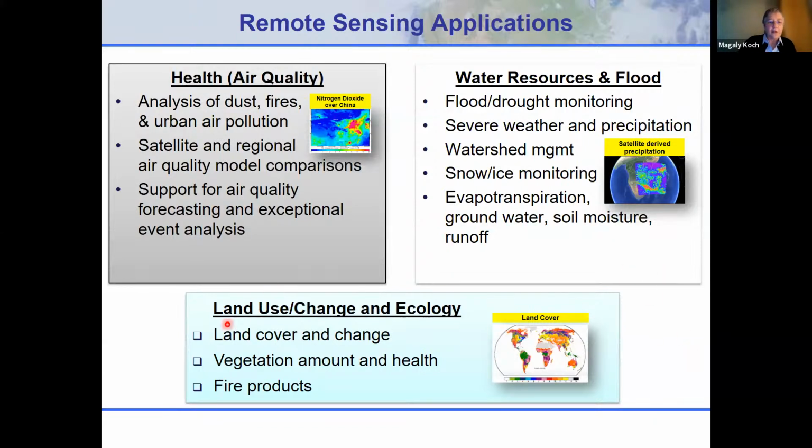No? And then, of course, there's the other group here, land use and land cover change, and the health of vegetation, right? So that would be a group that is mostly interested in ecology or biology, basically.